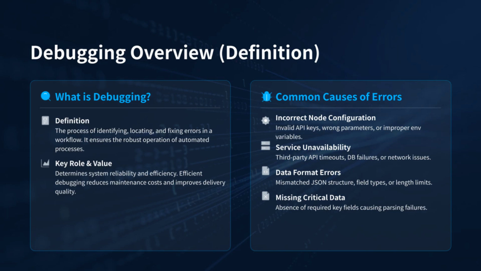Remember, it's not always your fault. Data format errors: mismatched JSON, wrong field types, like text instead of a number, or data that's too long. Missing critical data: a required field, like an email or ID, is missing, preventing the workflow from parsing the data. Being aware of these common issues allows you to start debugging with focused intent, no more random guessing.